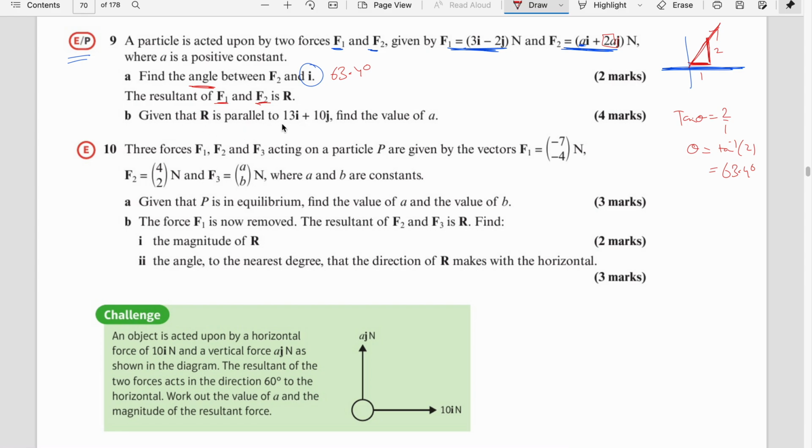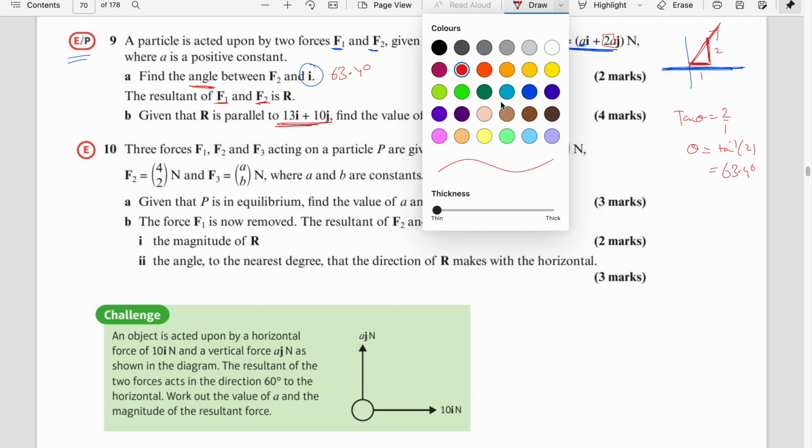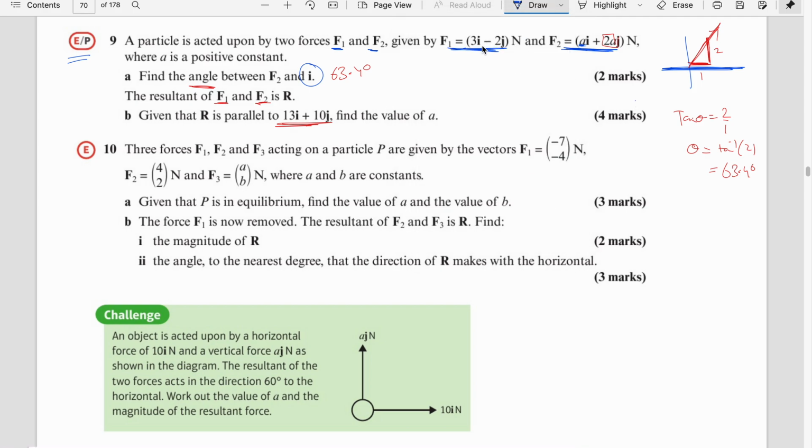The resultant of F1 and F2 is R. Given that R is parallel to this, find the value of A. For the resultant we need to add them. So when we do that, this is 3i plus Ai, which makes it 3 plus A in the i direction. For j, this is minus 2 and 2A, so 2A minus 2 in the j direction.